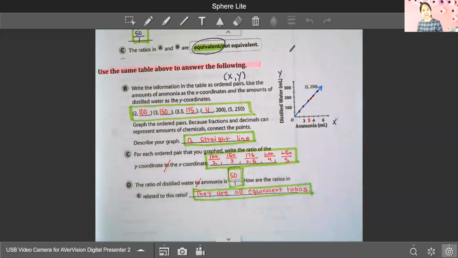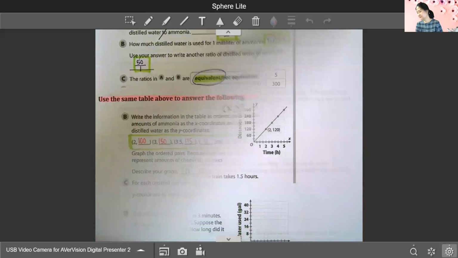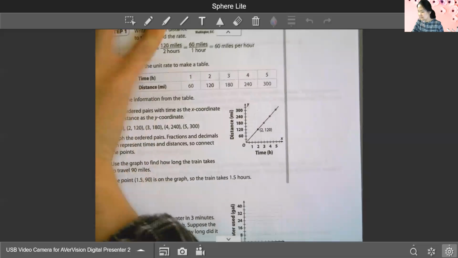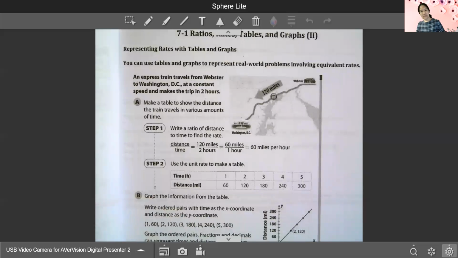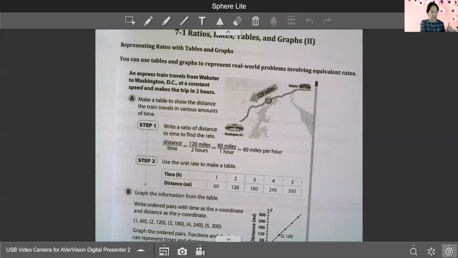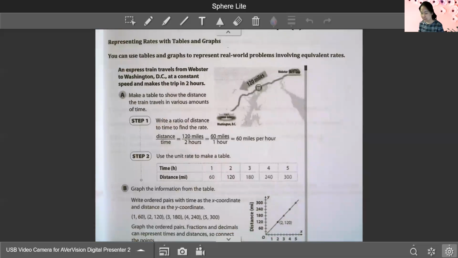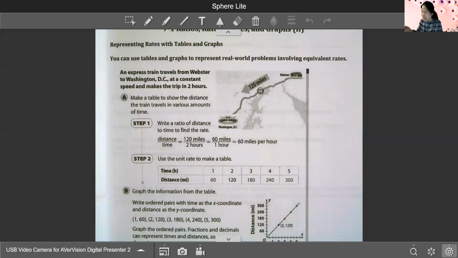Now, let's go to the second page. Okay, so the second page is going to be similar information, not much to really write, but I'm going to be talking a lot about the information from the first page here. Representing rates with tables and graphs.